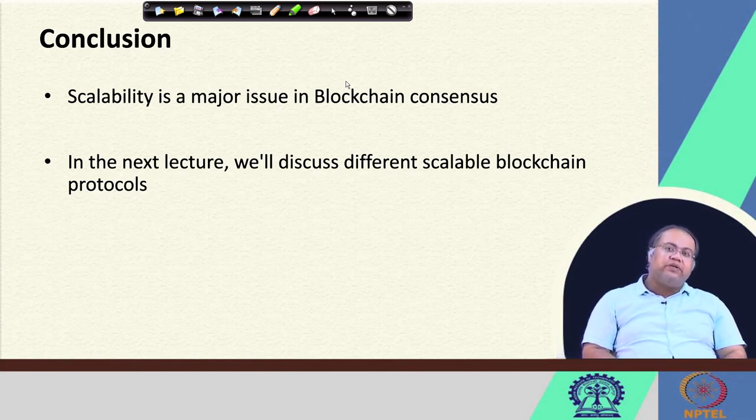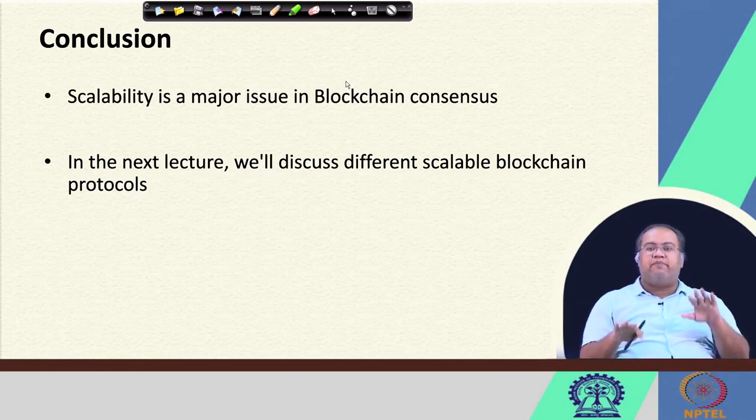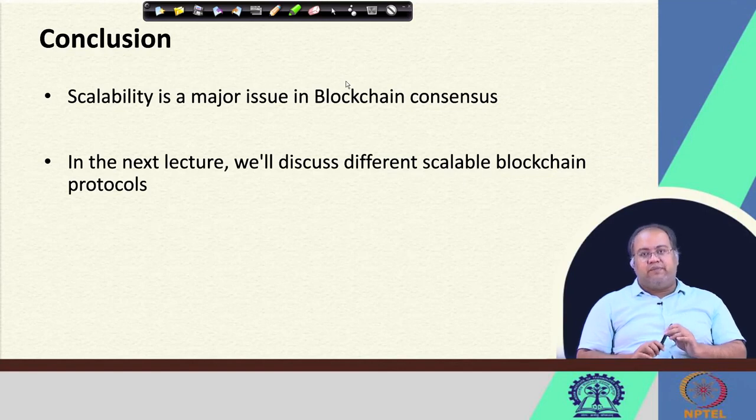So, that way we need to develop a consensus mechanism which balances the transaction throughput as well as the number of nodes. So, in the next lecture we are going to discuss different kinds of scalable blockchain protocols. We are going to see how the researchers have typically tried to find a balance between the transaction throughput and the node scalability.